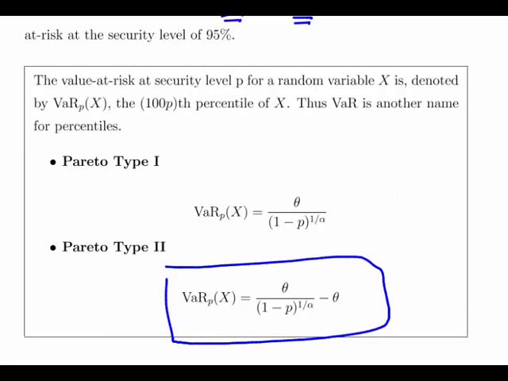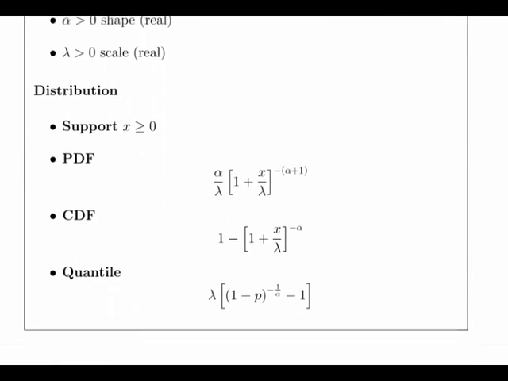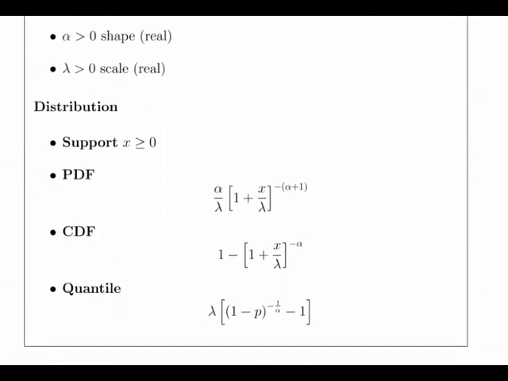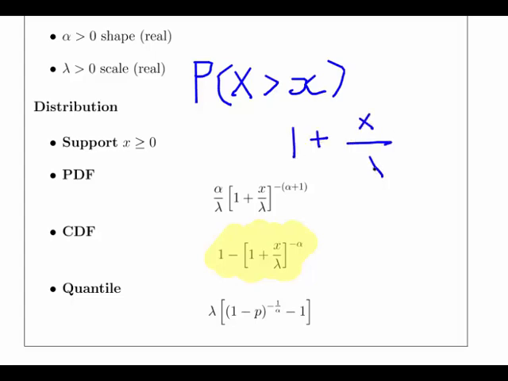It's actually much simpler than that. What we're really going to be working with is this formula here, the cumulative distribution function. In fact, what we're looking at is really the survival function, which is 1 plus x over lambda, or here it's theta actually.